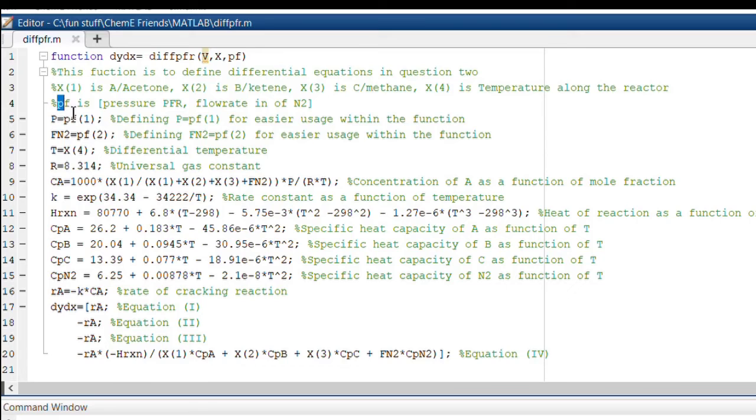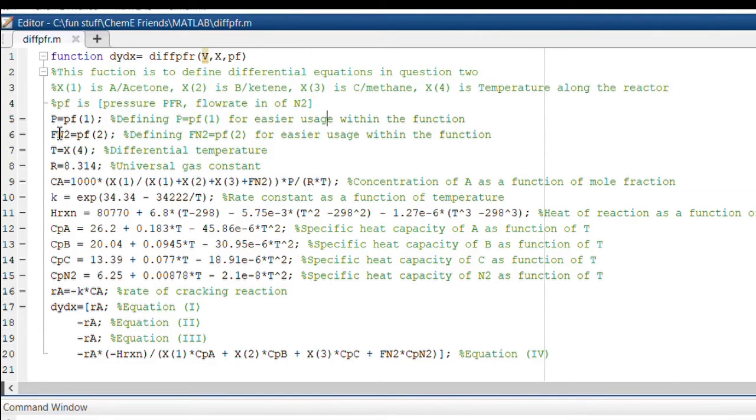And pf is a small row matrix which has the pressure in the PFR in PF1, which is the first index, and the flow rate of nitrogen in the second index.